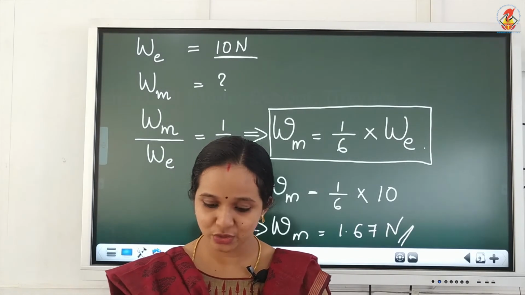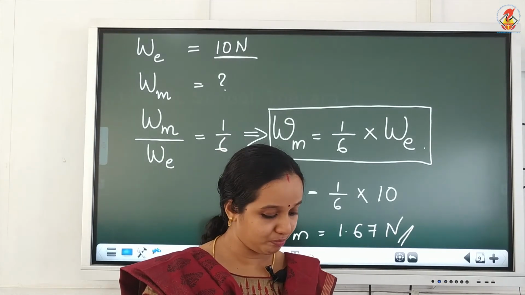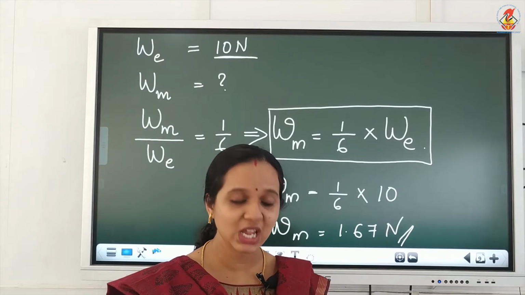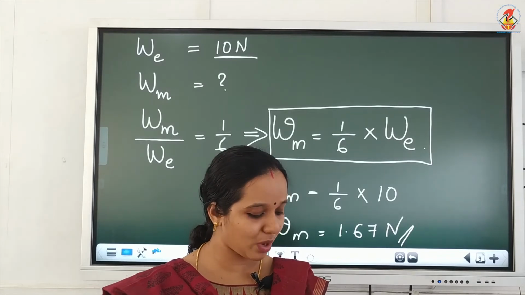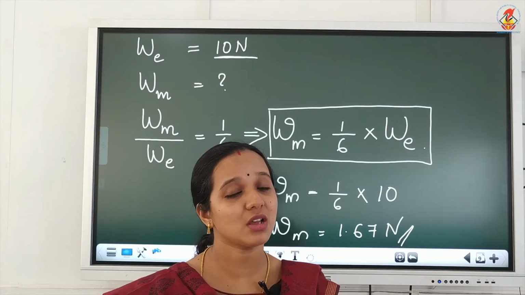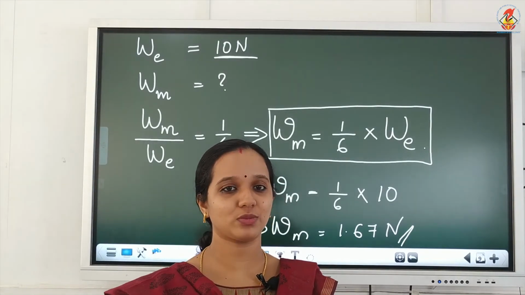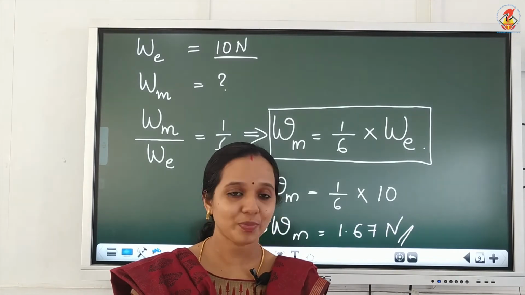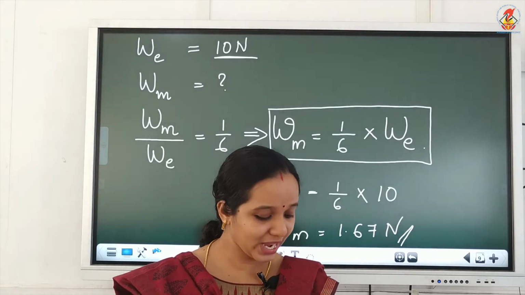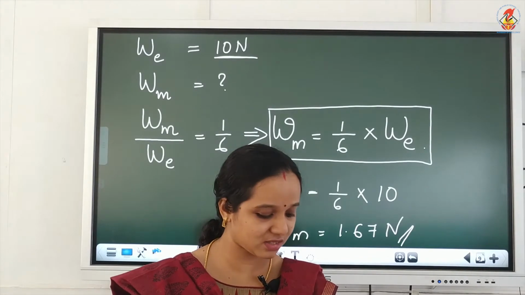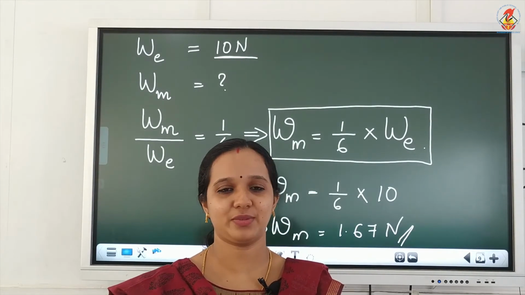Now moving to the blue questions given on the same page 138. On page number 138 you have a set of blue questions. Of those questions, question number 2. Why is the weight of an object on moon 1 by 6th its weight on earth?